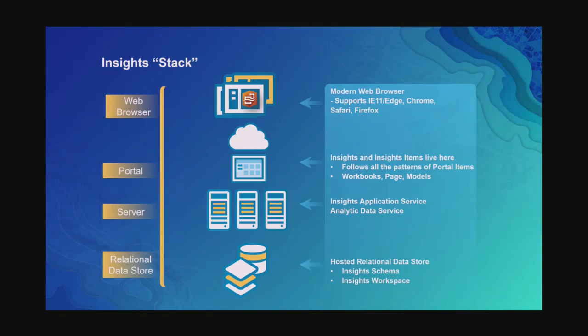The server itself not only has the Insights application service, but we added a new capability called the analytic data service. You're familiar with query layers, right? This is query layers on steroids. This enables us to work directly with native data sources in the language that they speak. So if I'm talking to SQL Server, I'm talking SQL Server specific SQL to get the most out of that engine.